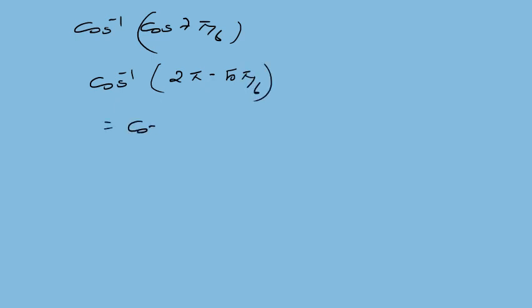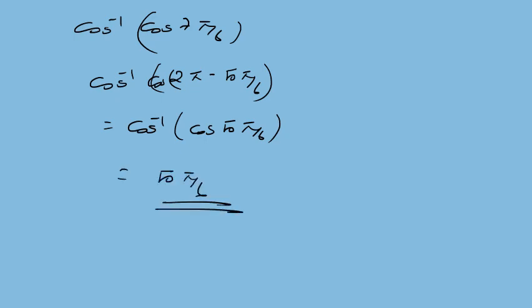So cos inverse cos of 2 pi minus 5 pi by 6 is cos inverse cos 5 pi by 6. What is cos 5 pi by 6? It is 150 degrees. So what is the answer? 5 pi by 6.